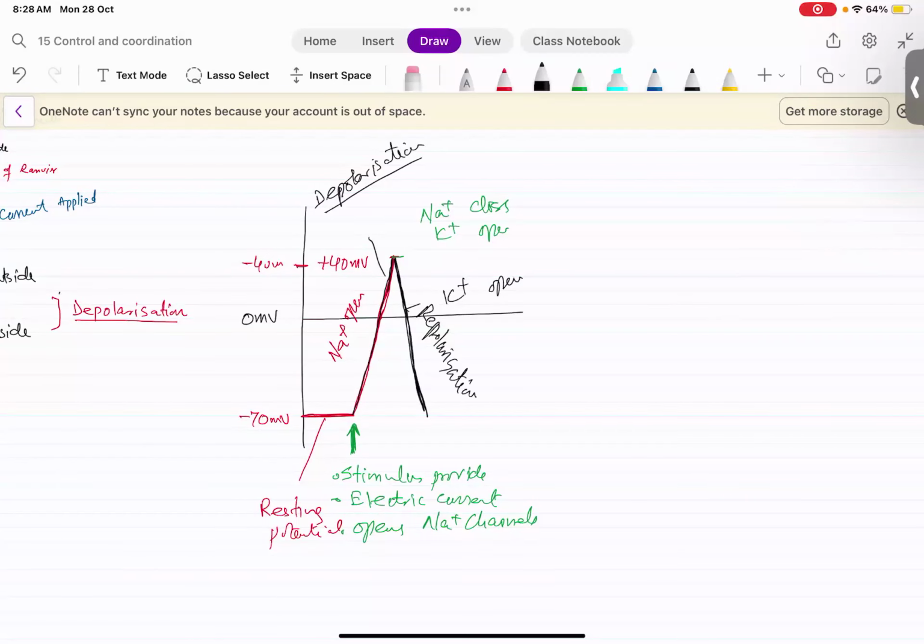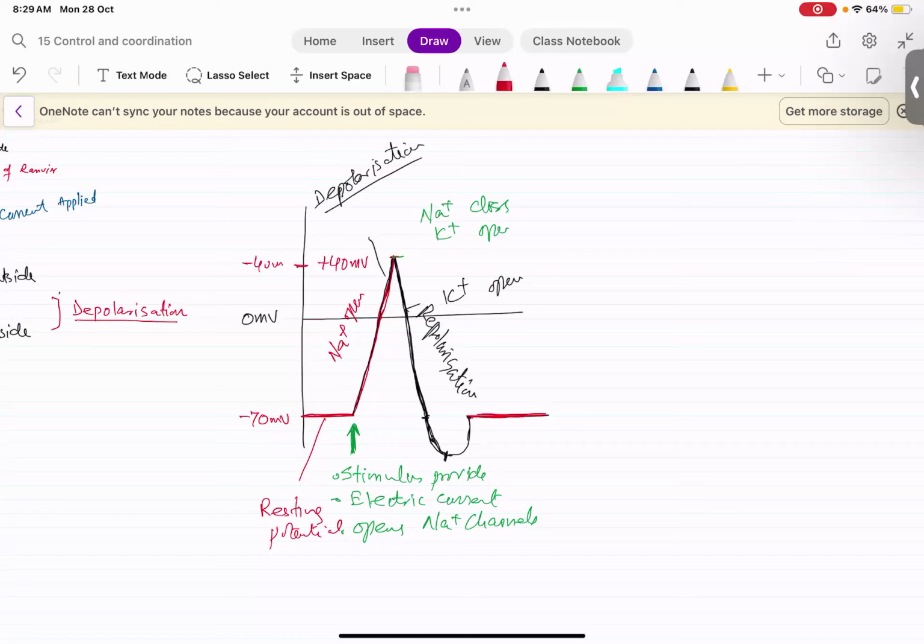This repolarization doesn't stop at minus 70. Instead, there is a little overshoot. It goes a little below this minus 70, and only then do the potassium channels close. And then this returns back to minus 70, which is maintained as the resting potential by the sodium potassium pumps becoming active.